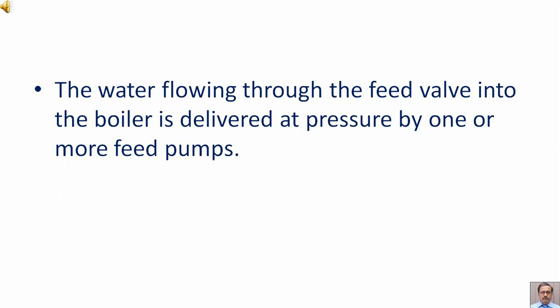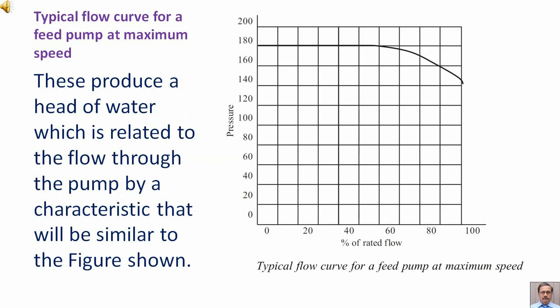The water flowing through the feed valve into the boiler is delivered at pressure by one or more feed pumps. These produce a head of water which is related to the flow through the pump by a characteristic that will be similar to the figure shown.